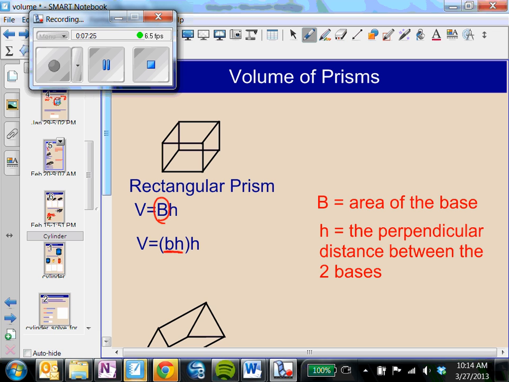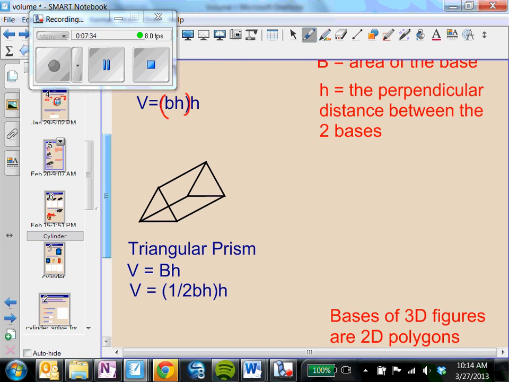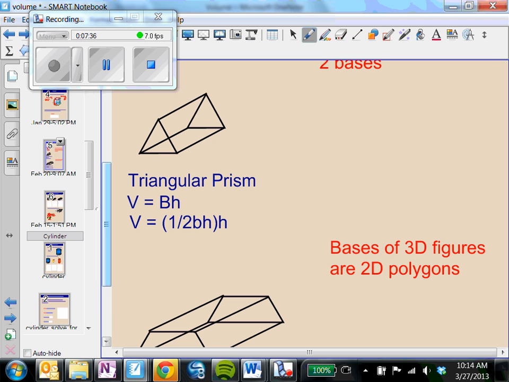And you don't have to put parentheses around the B times the H. I just put them there to emphasize that that's the area of the base. Okay? When we're finding the volume for a triangular prism, we're going to find the area of a triangle, which is 1/2 base times height, times the height of the entire figure.